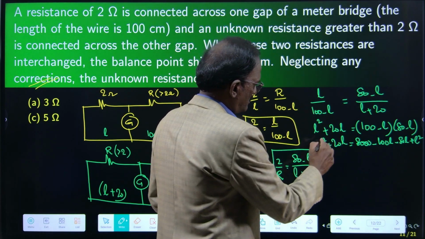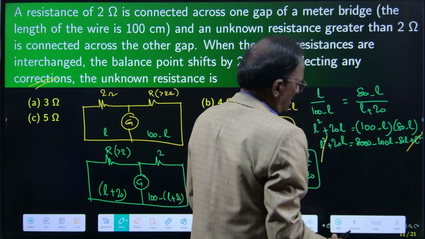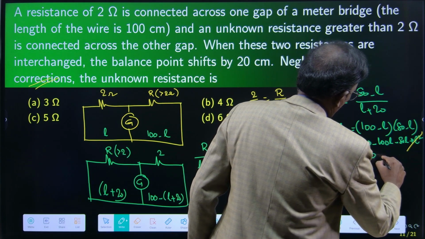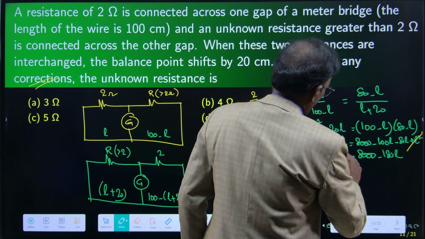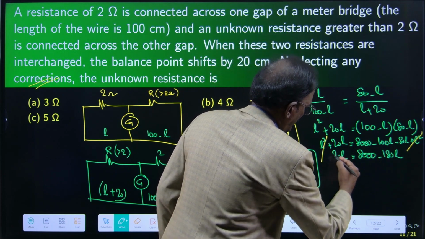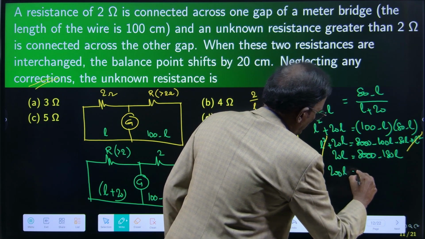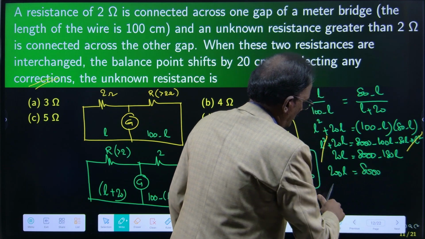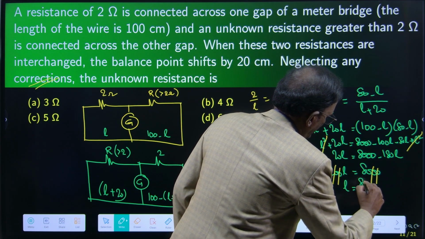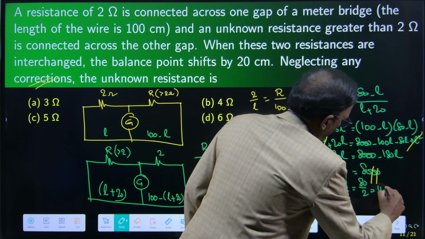So L square, both sides it is removed. This is minus 180L. 8000 minus 180L is equal to this side 20L. This can be taken here. 180 plus 20, it is 200L is equal to 8000. So two zeros we are removing. L is equal to 80 by 2 is equal to 40 centimeter.